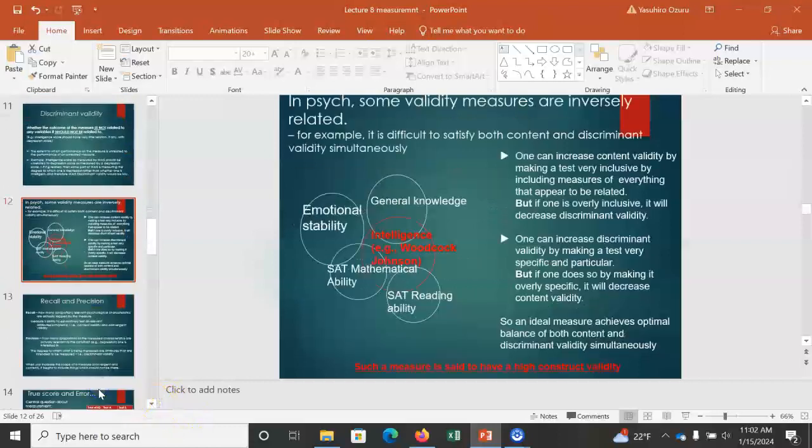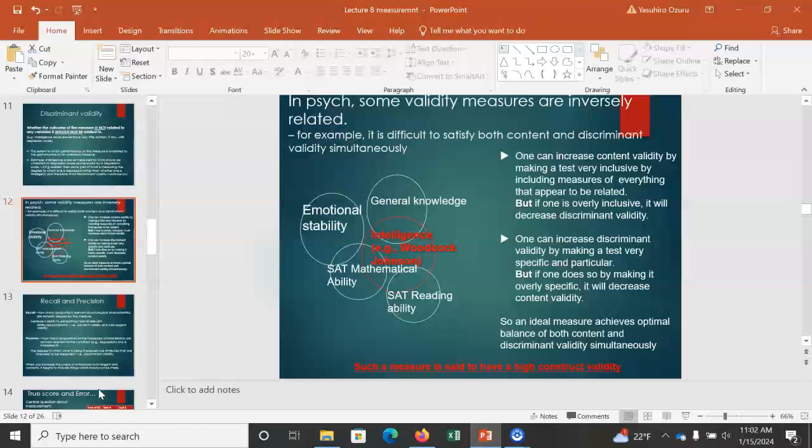So that issue about the relation between content validity and discriminant validity is what I try to illustrate using this diagram. An intelligence test should be somewhat related to general knowledge, SAT mathematics, SAT reading ability, but should not be related to emotional stability.